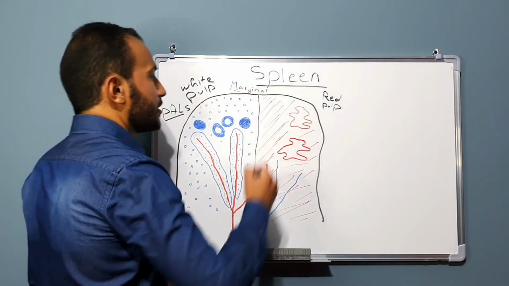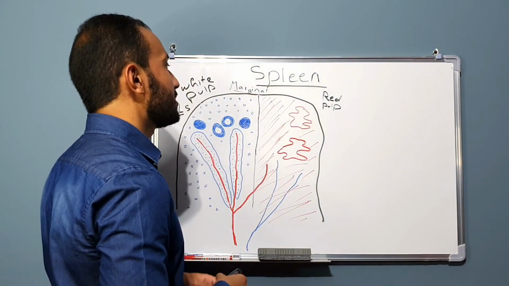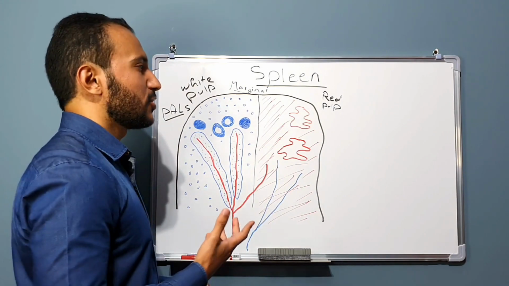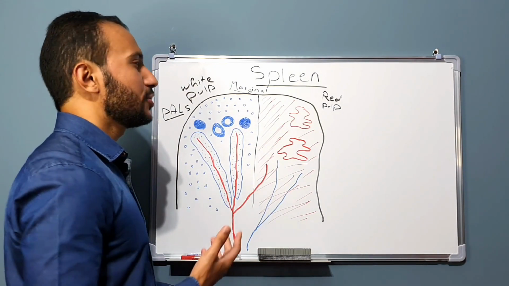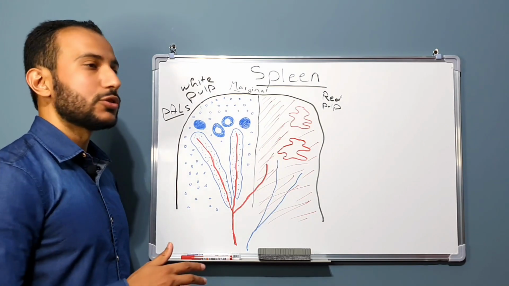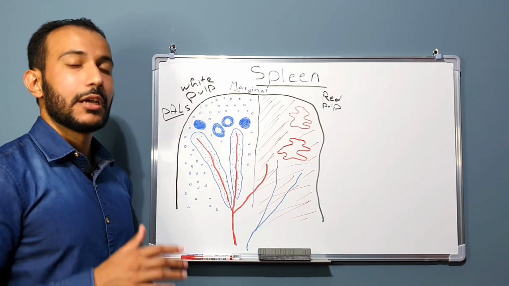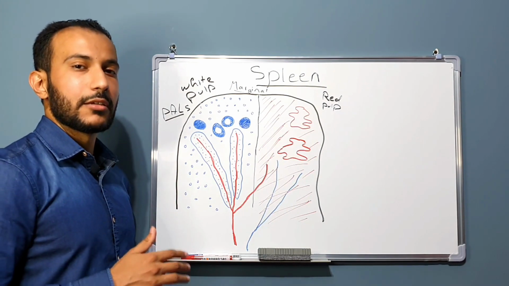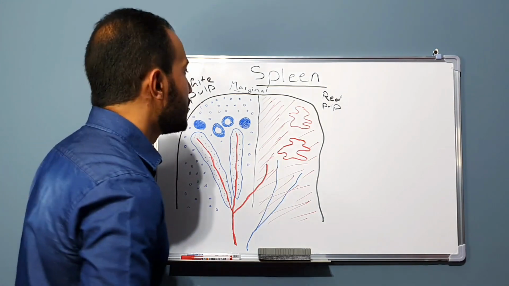Let's talk about the red pulp. The red pulp, from its name, its color is red, and it's rich in blood supply, and it's very hemorrhagic, and that's why any injury to the spleen is very dangerous, and it can be fatal from the severe hemorrhage which can occur.